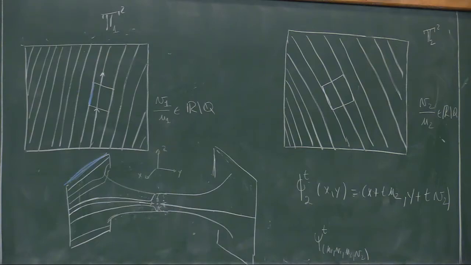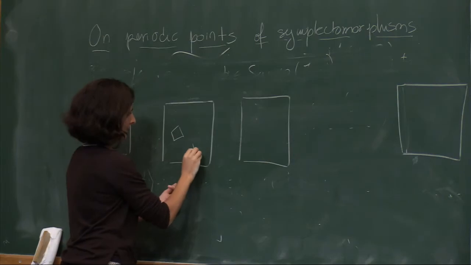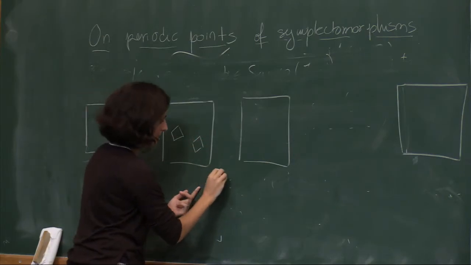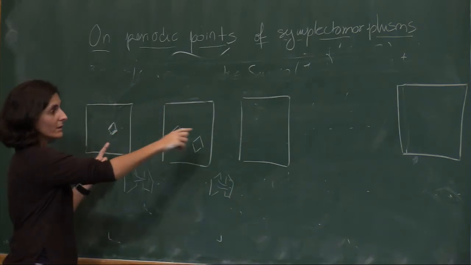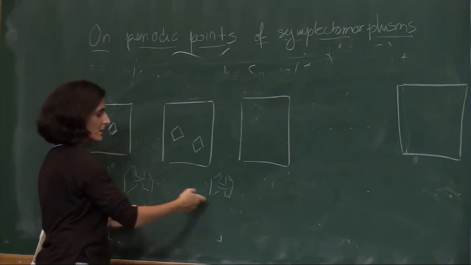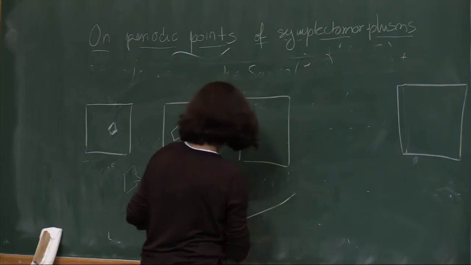Here I'll have one square to glue to this object and another one to glue to this other object, right? So I have g tori, I have g minus 1 objects like this.